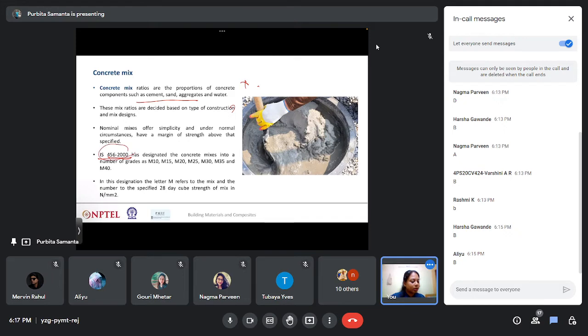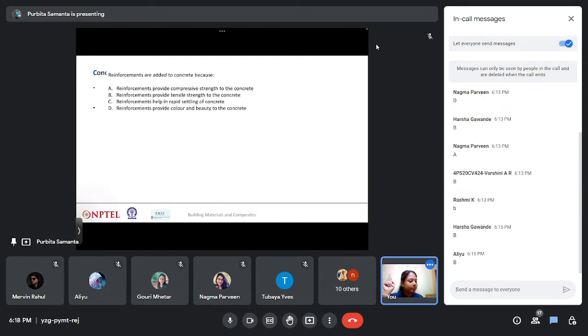This is a particular code that almost all engineers know. It talks about all these different grades and how we calculate the strength. You can always refer back. Also, this compressive strength is what the concrete achieves after it is cured properly, that is after 28 days or 4 weeks. So this is what a concrete mix is all about.